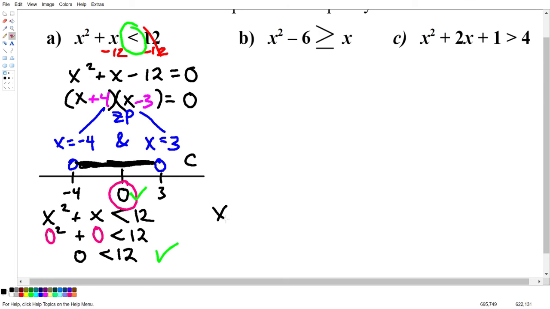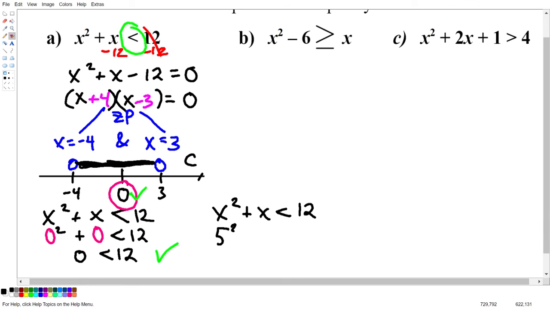So let's try a different number just to confirm that our answer is true. Here's our inequality. Let's try plugging in a number that is in region C. What numbers are in region C? We have anything greater than 3, so 4, 5, 7, 7.5. Let's try plugging in a random number that's greater than 3.